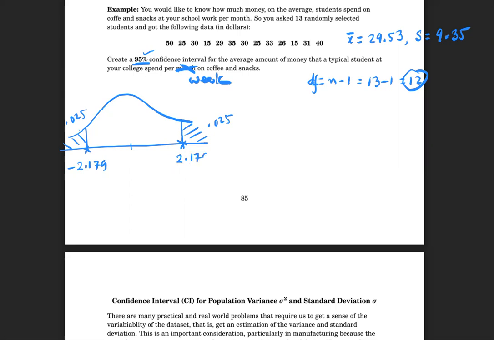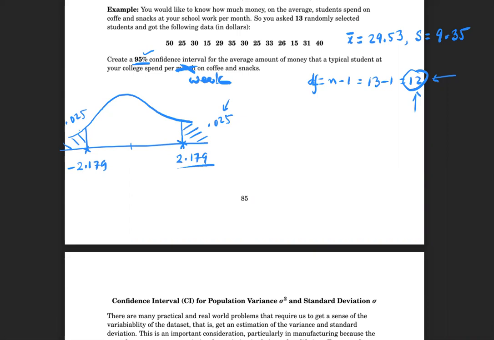2.179. Now, how do you find this value? Once again, I have shown you 3 times already how to do it. You go and look at the table. Area in one tail is going to be 0.025. Area in 2 tails is going to be twice as much, which is 0.05. You look at that column, and then you look at the first column and go to the degrees of freedom of 12, and that's going to give you 2.179.